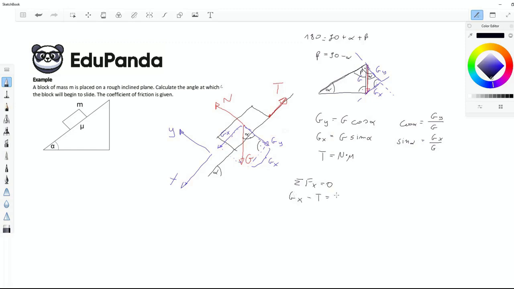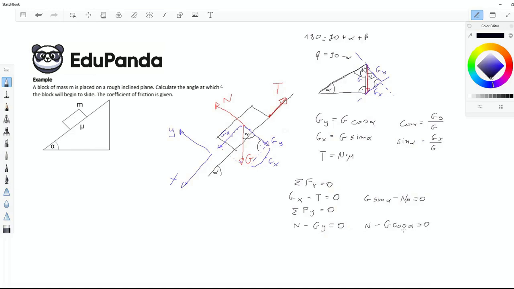Gx minus T equals 0. Then for the y-axis, the sum of forces: N minus Gy equals 0. Now we introduce what we calculated. For Gx we substitute G sin alpha. Substitute T with N mu. Analogously for Gy substitute G cos alpha. And we get a system of two equations with two unknowns, but very simple to solve.